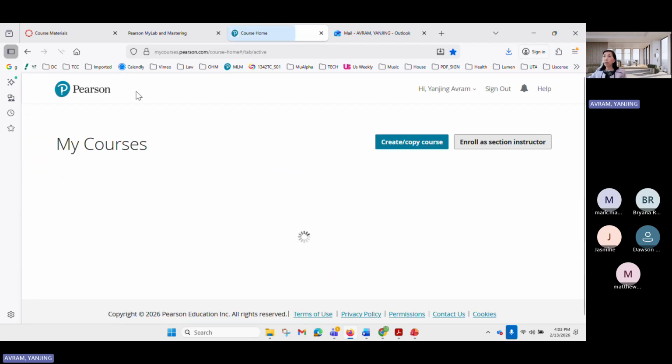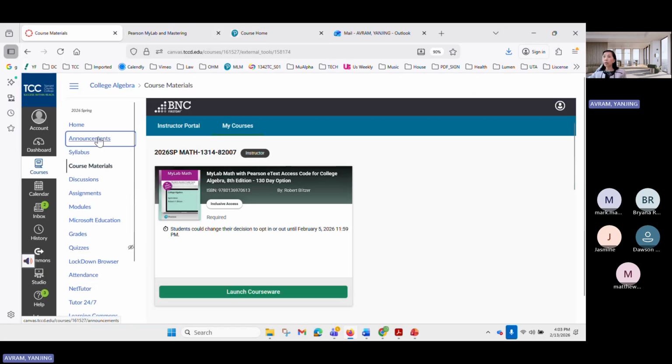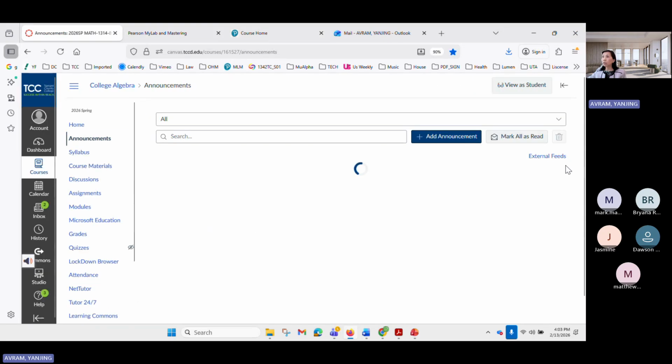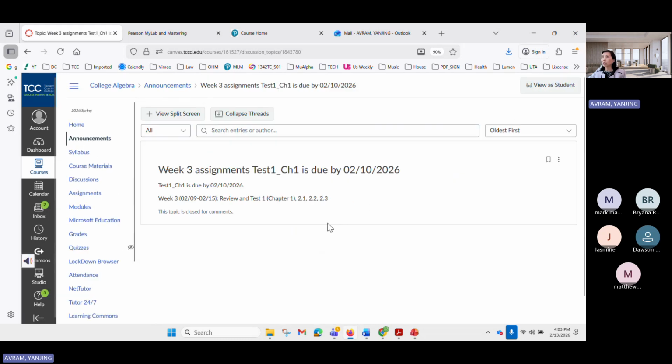If you look at the announcement here, according to the one we have, this is week 3. So you will need to start sections 2.1, 2.2 and 2.3.